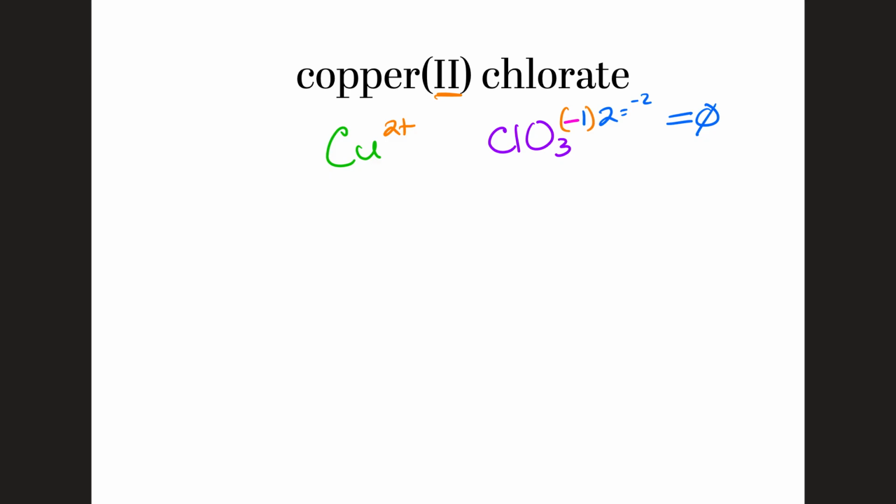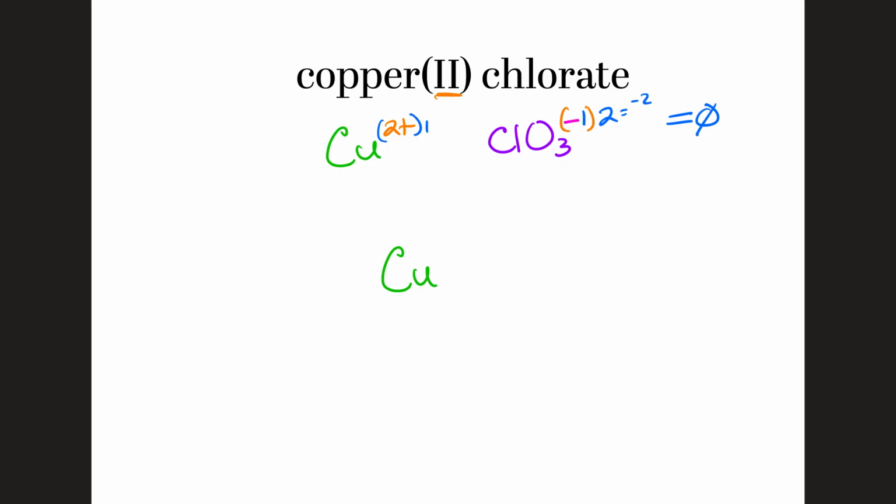This -2 plus that 2 is going to equal 0. We can also just think of it that we multiplied the copper by 1, even though we didn't really need to write that down. That might just help us figure out the complete formula.